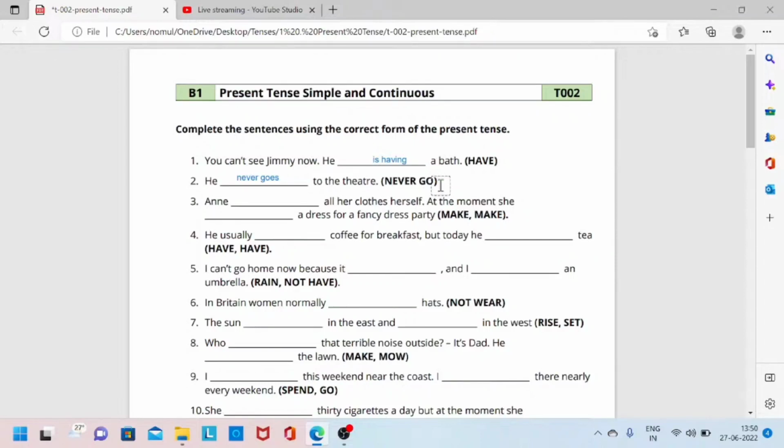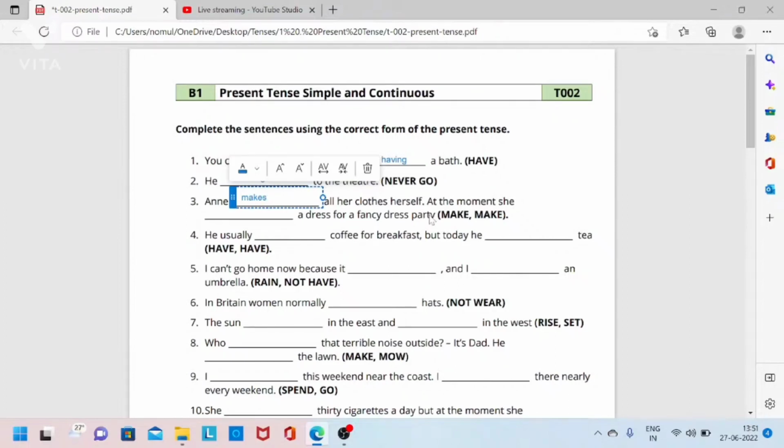And next, Annie dash all her clothes herself at the moment. She dash a dress for a fancy dress party. Here make has come. So what do we have to add here? Makes. Absolutely correct. Annie makes all her clothes herself. At the moment, she dash a dress for a fancy dress party.